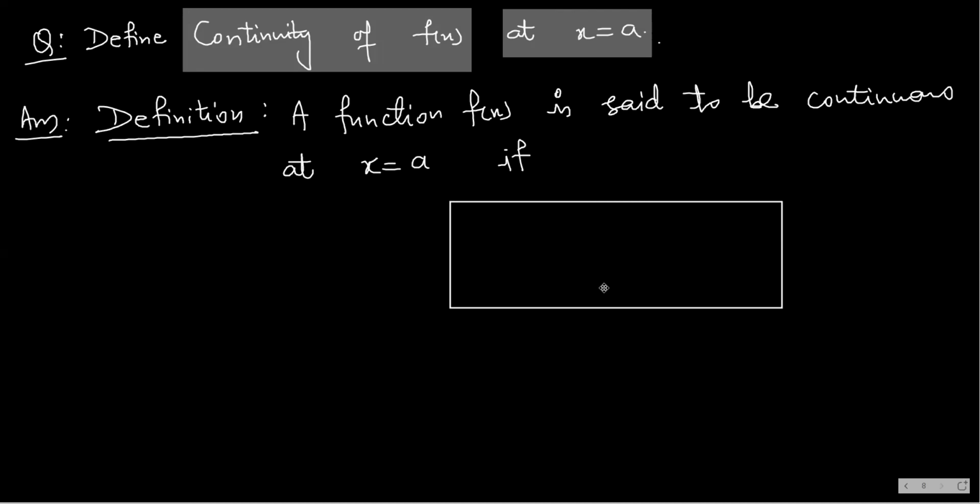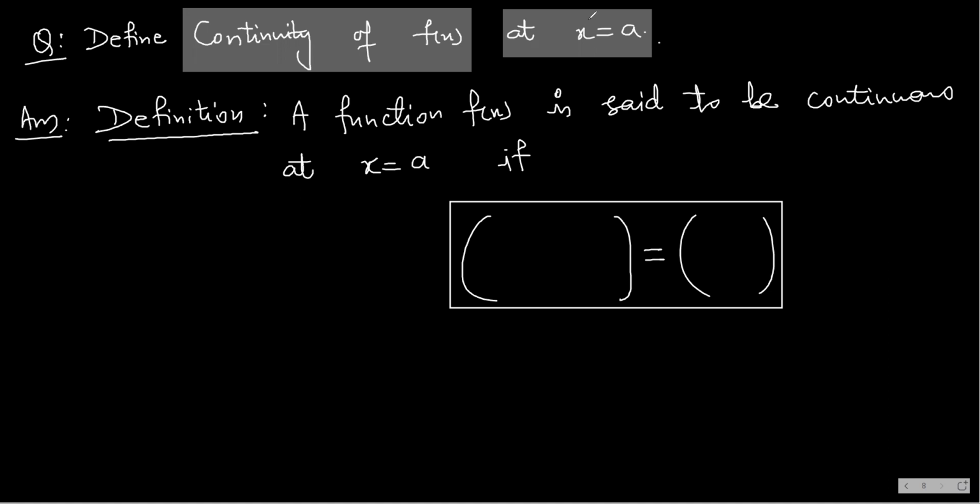See students, this box has got left hand side and right hand side. If this left hand side is equal to right hand side, then we will say the function is continuous at x equals to a. I repeat once again.